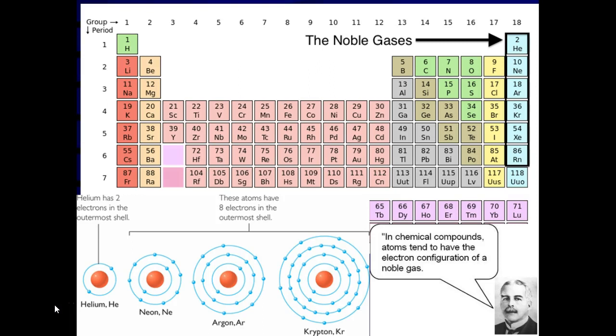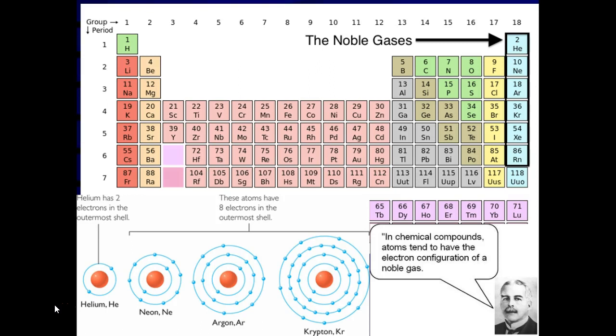And you can see Ernest Rutherford down here on the bottom right, a famous physicist who discovered the nucleus of the atom. He said that in chemical compounds, atoms tend to have the electron configuration of a noble gas. We find that everything to the left of the noble gases does not have filled valence shells, and they will bond and chemically react with other elements to get the same configuration as the noble gases.